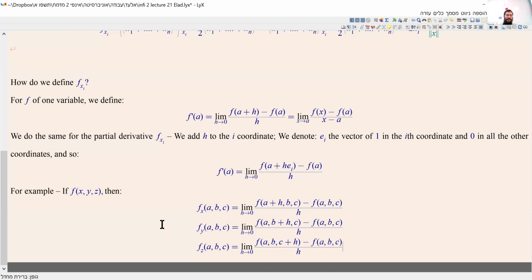And secondly, just like one variable functions, when we can use our rules, x squared is 2x, etc., we use them.